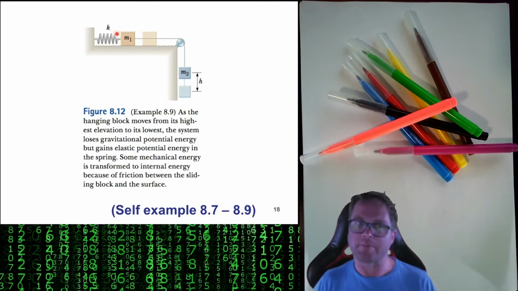This spring may be compressed relative to its equilibrium position, so there'll be some potential energy stored in this spring system. It could be that after some time this mass piece will start moving, then we will have kinetic energy in the system. Kinetic energy resulting from both mass piece 1 and mass piece 2 as the blocks move down.